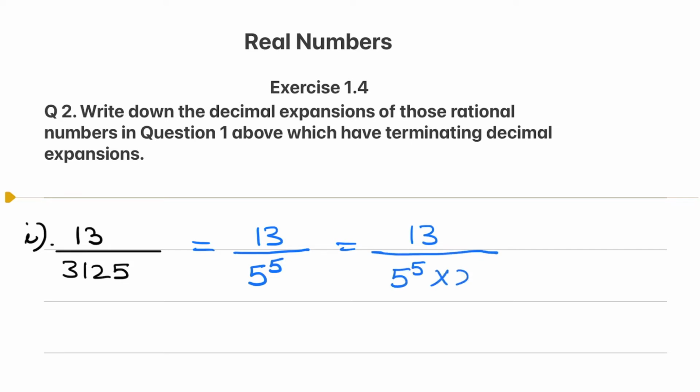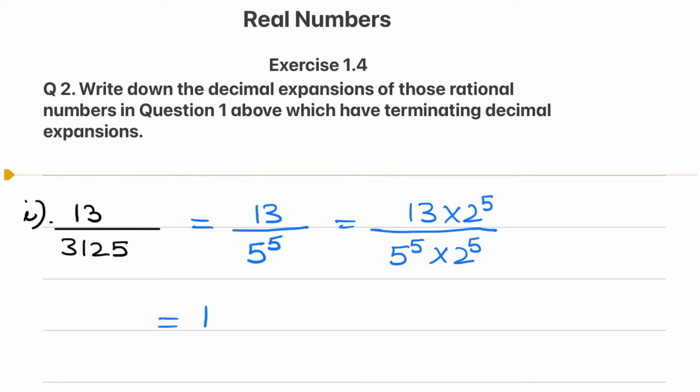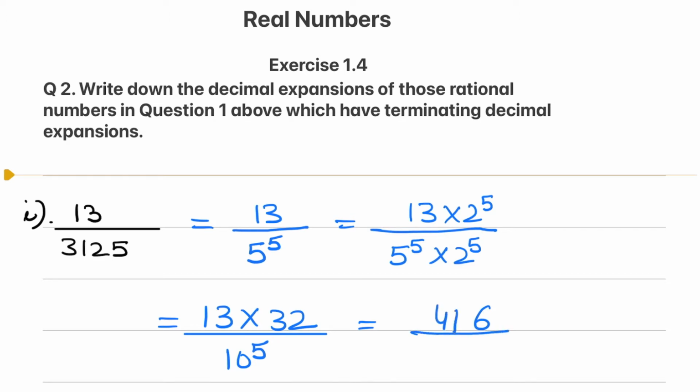I can multiply by 2 raised to the power 5 in the numerator as well as in the denominator. So this would be equal to 13 multiplied by 32, and in the denominator we have 10 raised to the power 5. So 13 times 32: 2 times 3 is 6, 3 times 3 is 9, giving 416, divided by 10 raised to the power 5.